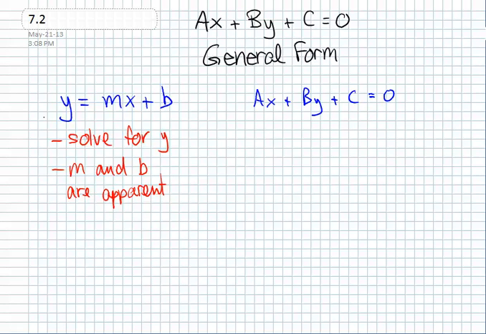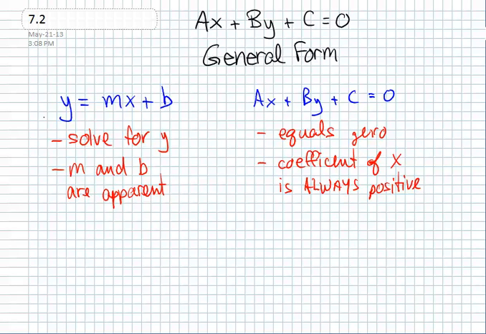So you'll notice that everything is over to one side of the equation. In other words, it equals 0. And the other condition is that the coefficient of x has to be positive. It doesn't matter what the other coefficients are, like the coefficient of y or the constant term c, but the coefficient of x has to be positive. That's the side we move it to. It's just a convention. There's no good reason for it as far as we're concerned. It's just the convention that we're going to follow.